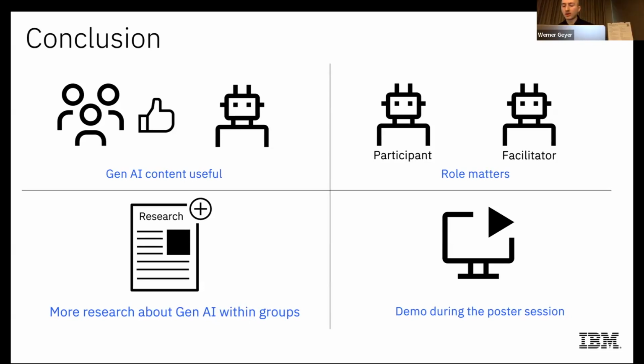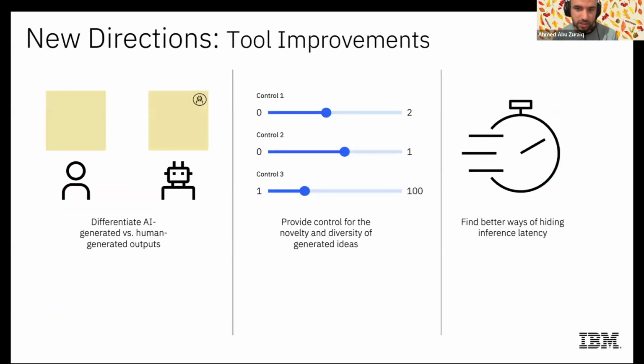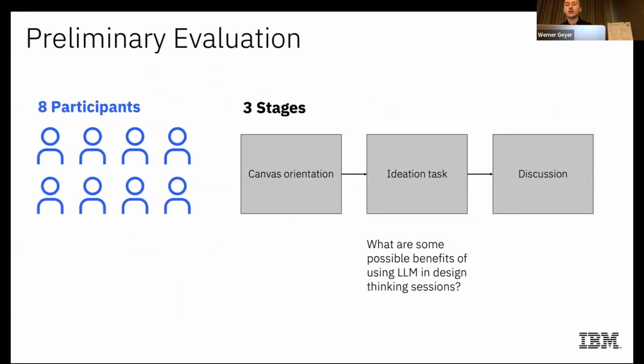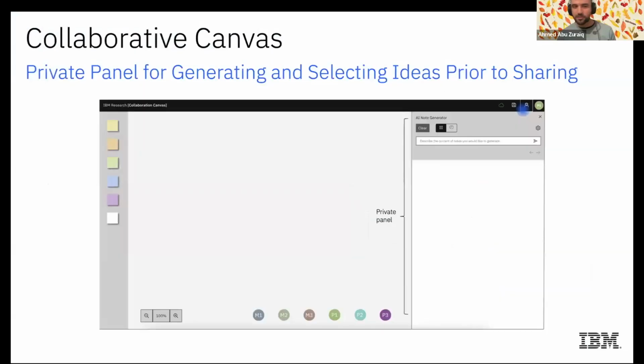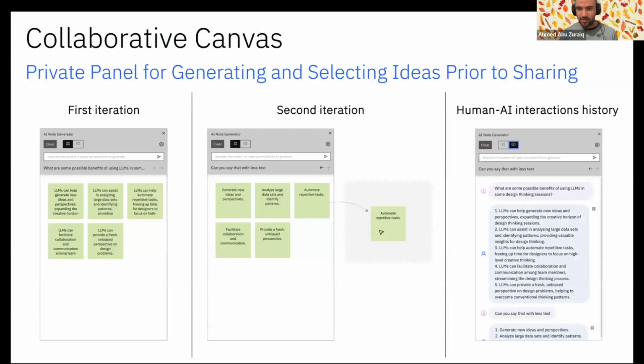Sorry, can you repeat the question? Sure. Like the canvas that resulted from these studies, how did the participants structure the canvas in a way to differentiate between what is generated and what is maybe user created? They asked for differentiation as a feature, but how did they work around it?